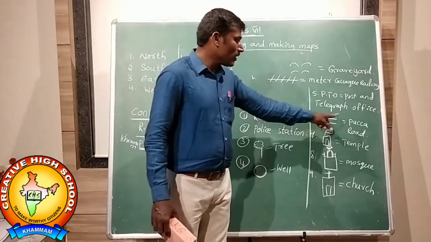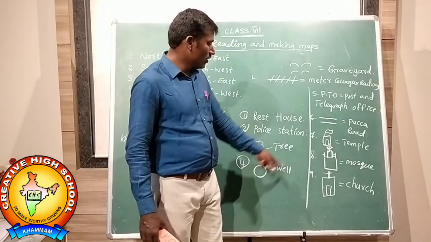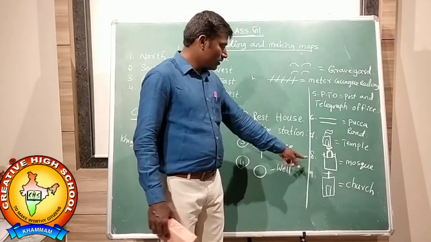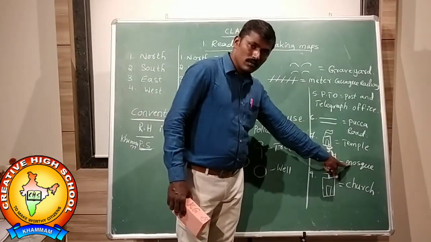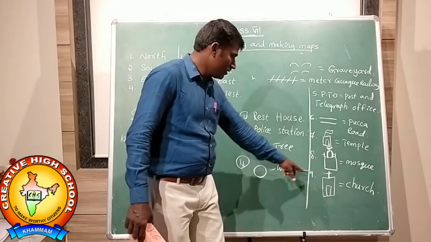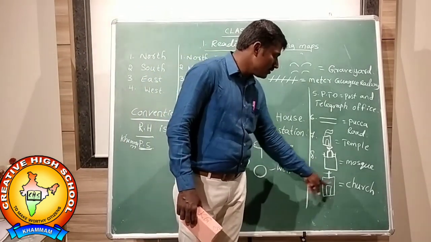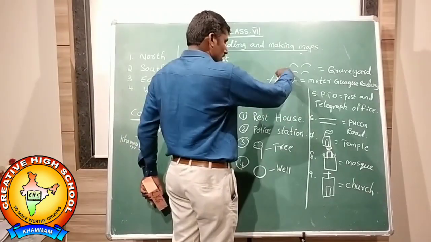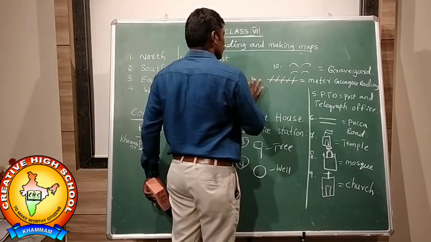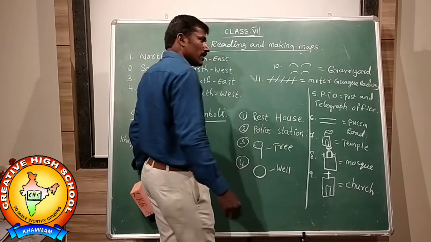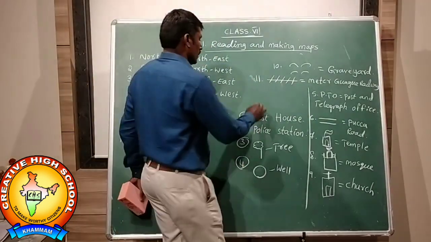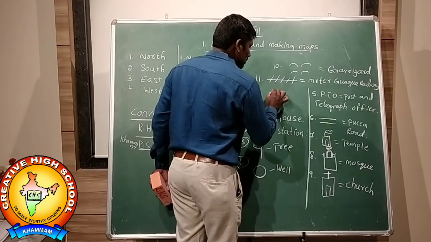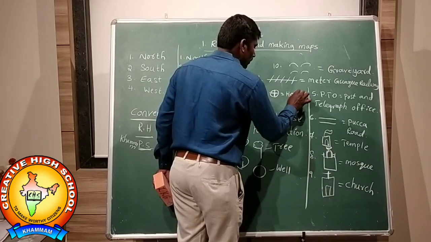This is a Pakka road, and this is a temple. This is a masjid, and this symbol indicates church, and this is a graveyard. 11th one, meter gauge railway, and another one is this plus symbol, hospital.